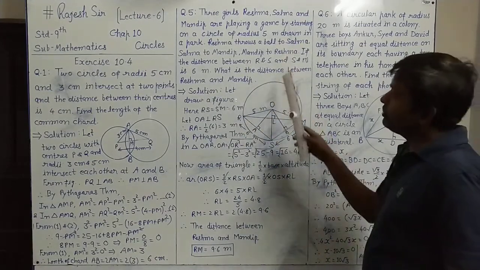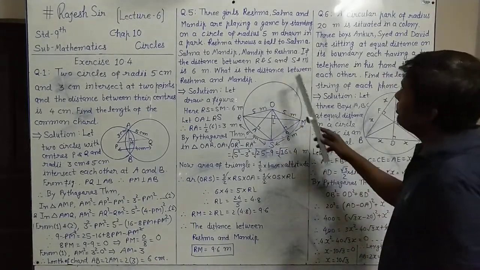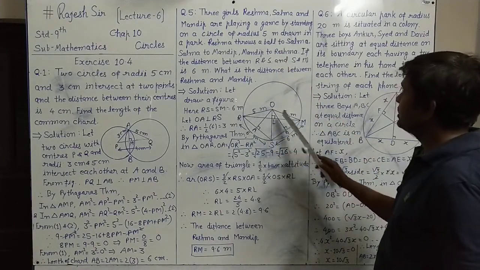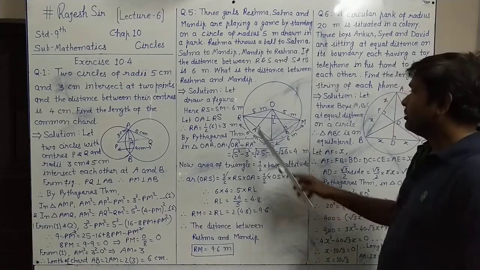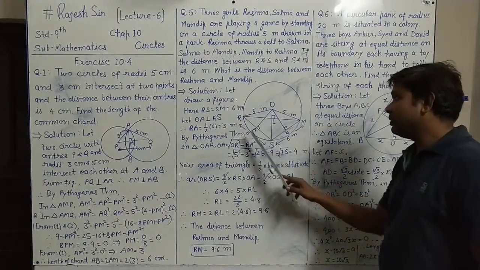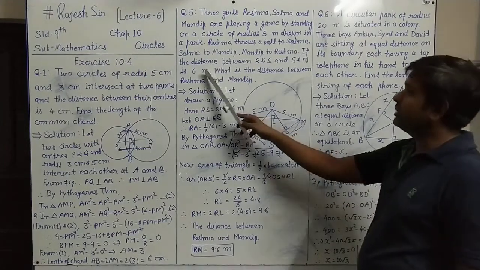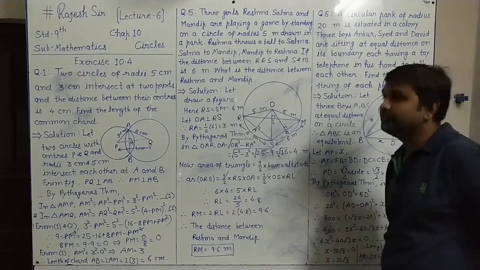The whole situation we show here in a figure. The circular park of radius 5 meter is given, with Reshma, Salma and Mandeep. Between Reshma and Salma the distance is 6 meter, and Salma and Mandeep is also 6 meter. The distance between Reshma and Mandeep we want to find out here.